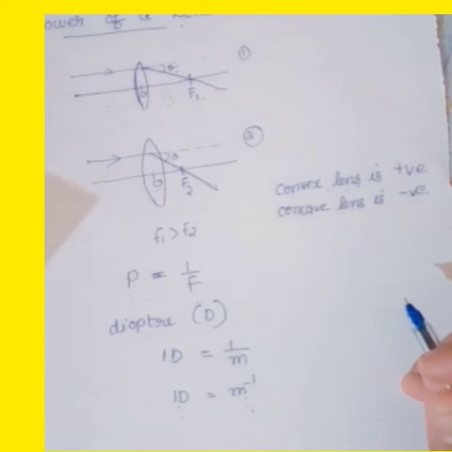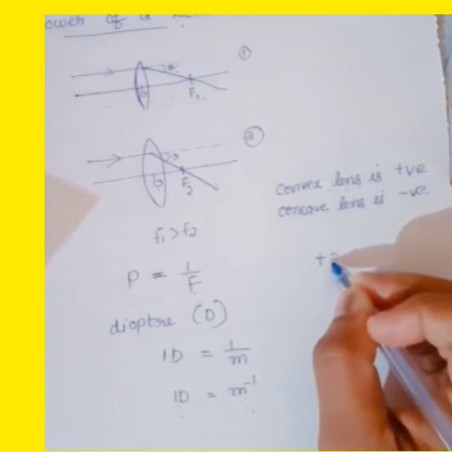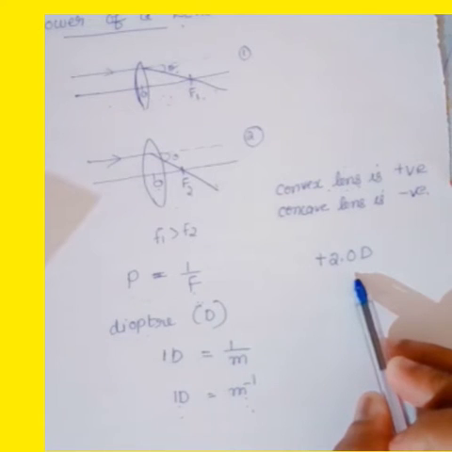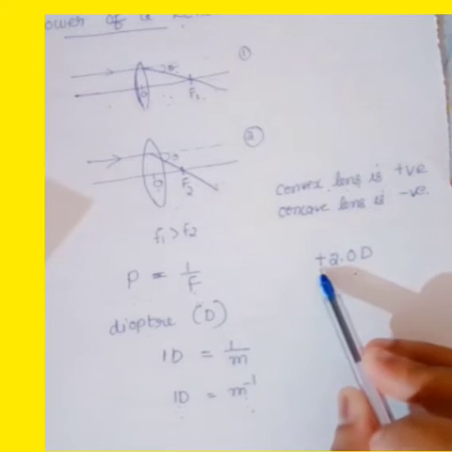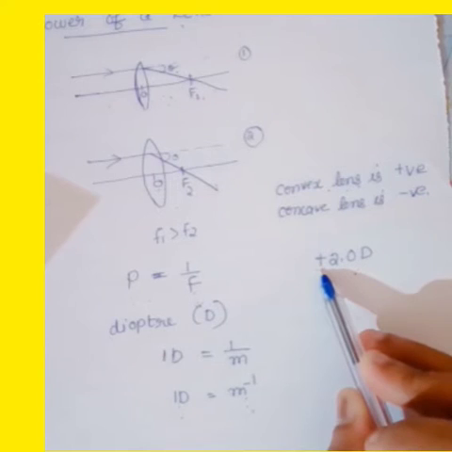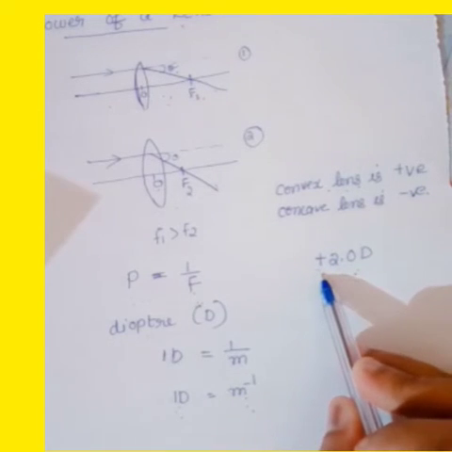Let us say the lens prescribed has a power equal to plus 2.0 diopter. What is its meaning? This means the lens prescribed is which type of lens? Because it is positive 2.0 diopter, it is a convex lens.